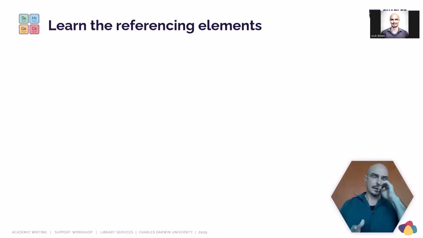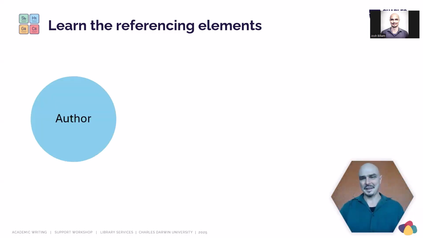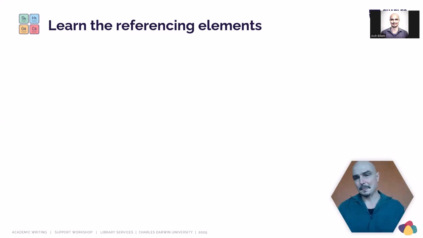Even if we are using a piece of referencing software, I highly recommend that you learn the basic elements for a reference, because sometimes the machine will make a reference for us and we just use it, but unless we know what a good reference looks like, it's not possible to double check and verify whether it's okay.